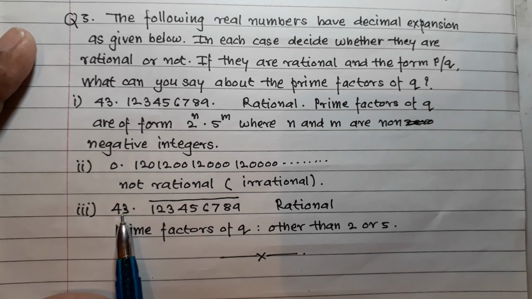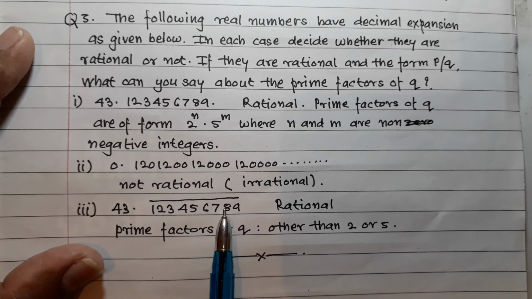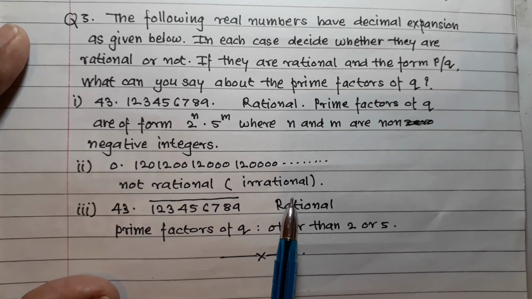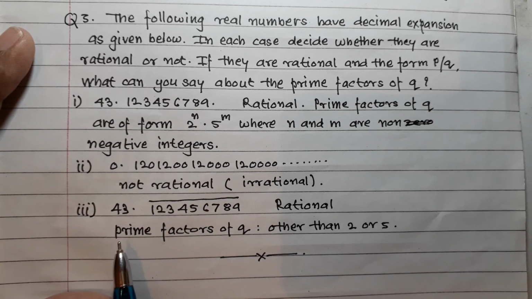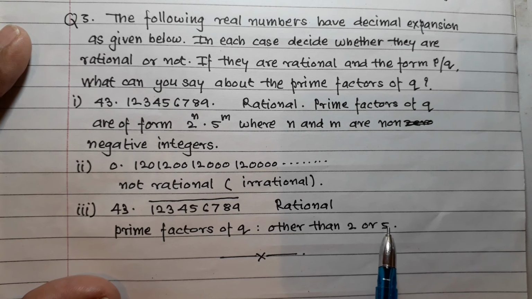So 43.123456789 bar is a rational number, but the prime factors of q are other than 2 or 5. Okay, is it clear?